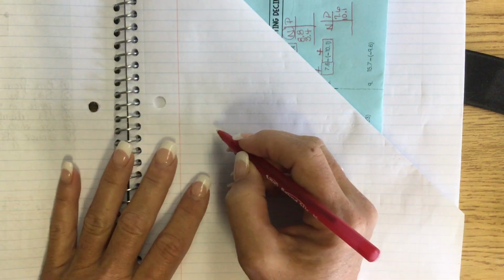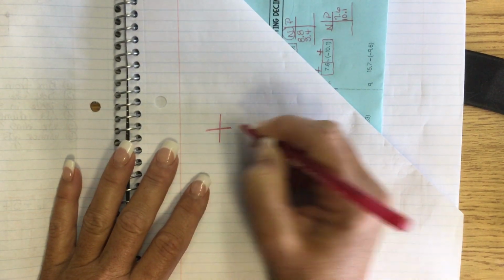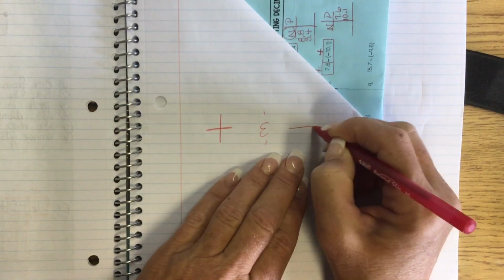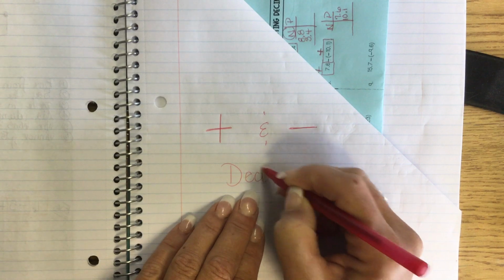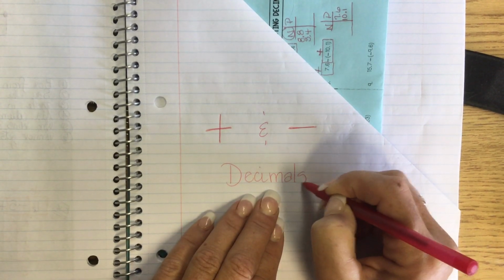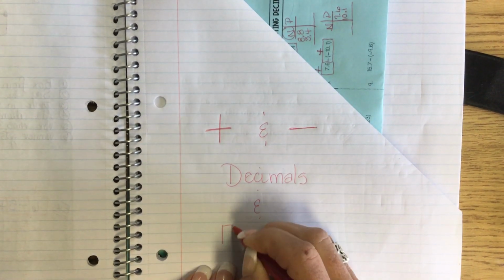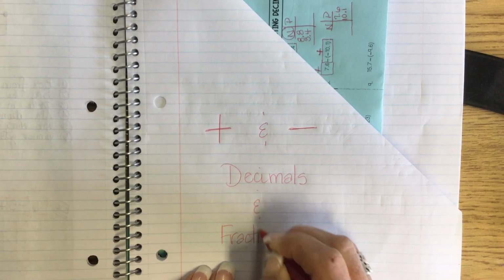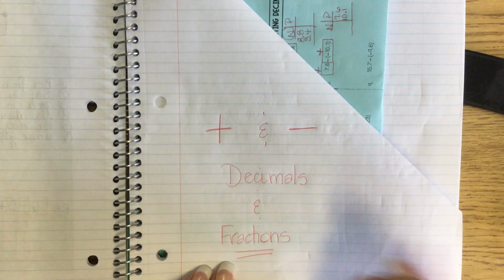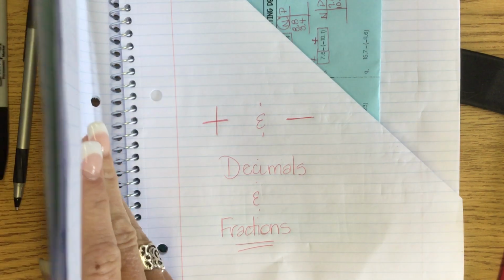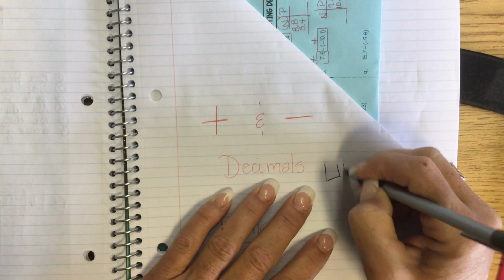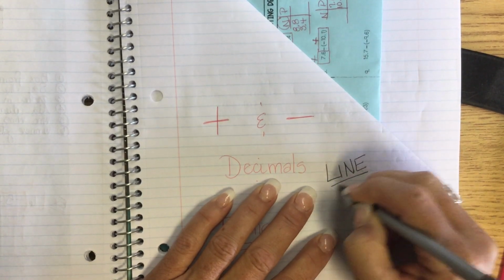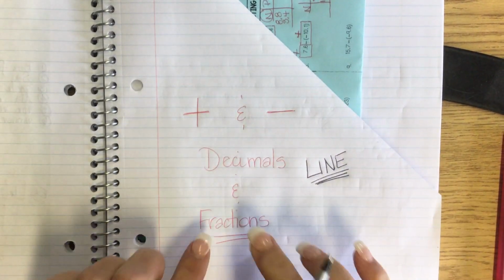And we are going to add and subtract decimals and fractions. All right. Remember that the strategy was to line up the decimal. Very, very important.